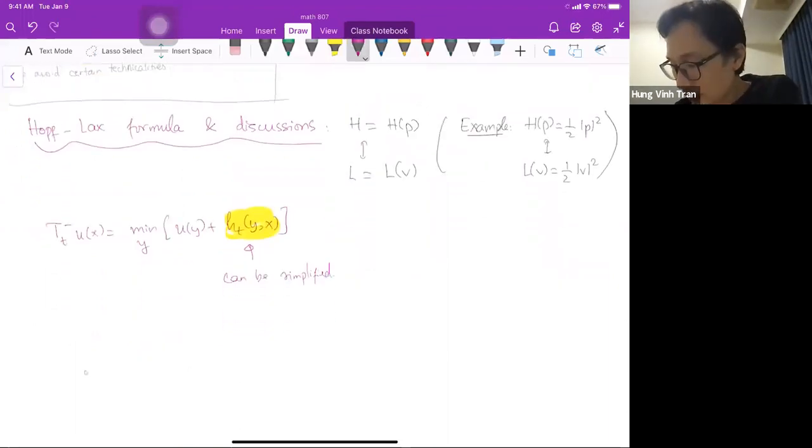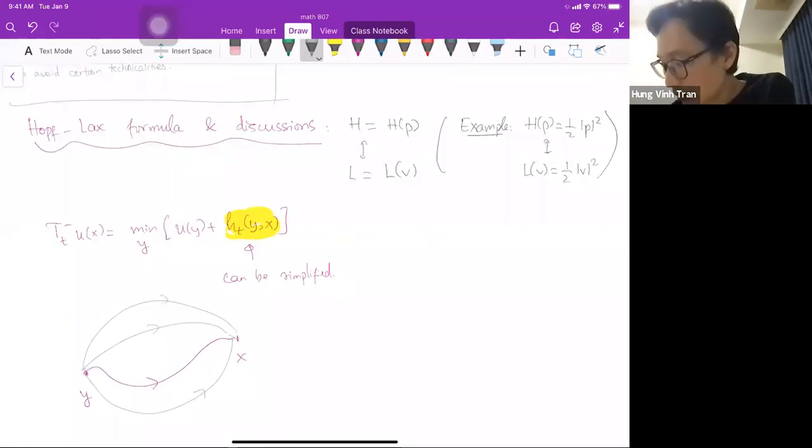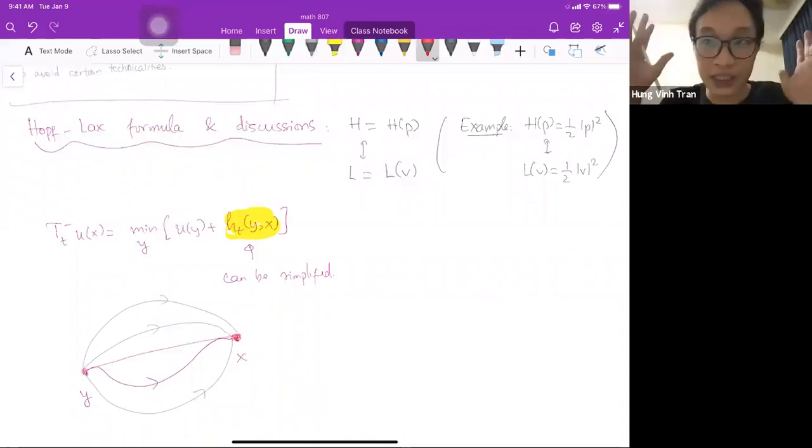What is this h_t of (y,x) anyway? This is y, this is x. You try to reach from y to x in an amount of time t. In particular, when it's homogeneous in space, this is exactly also the proof of why the Euclidean distance is the smallest distance, why the straight line is the shortest one.